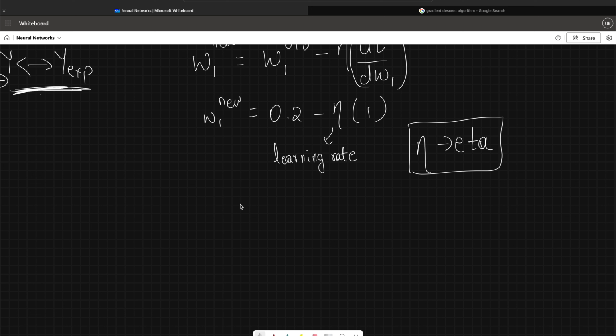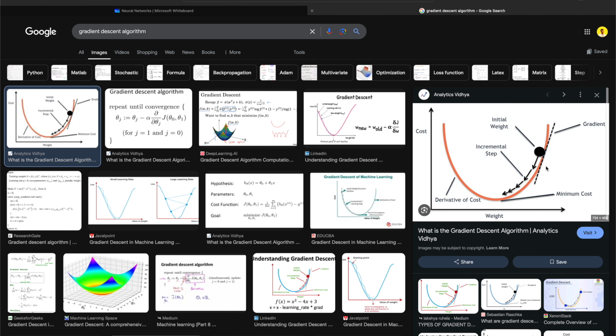Eta is basically the learning rate, which means if you look at this graph, your initial weight, what does it correspond to in our terminology? It is our old weight or initial weight. We know how it changes now, but how much should it change? It's showing the arrow marks here.